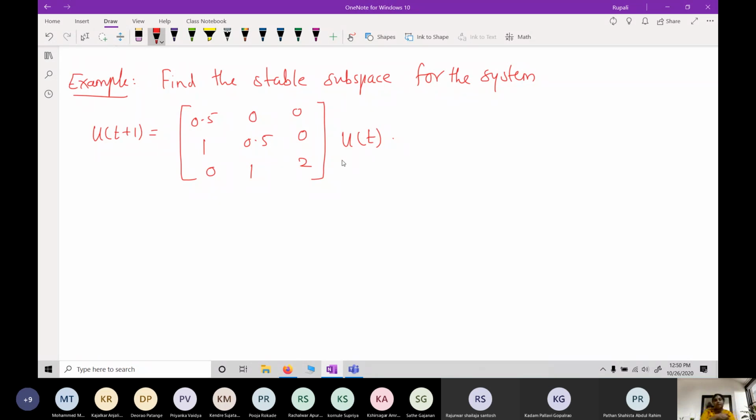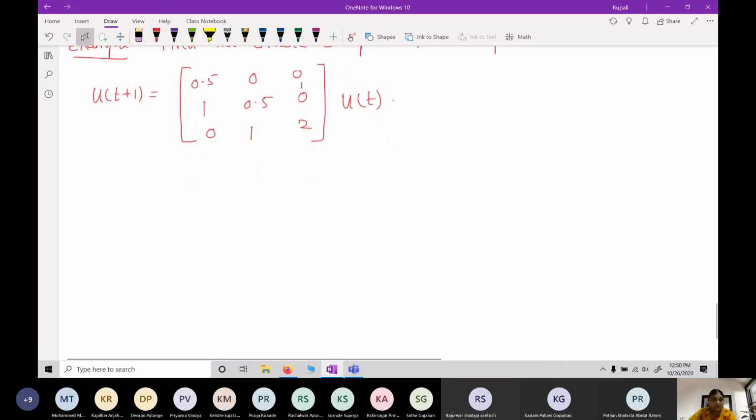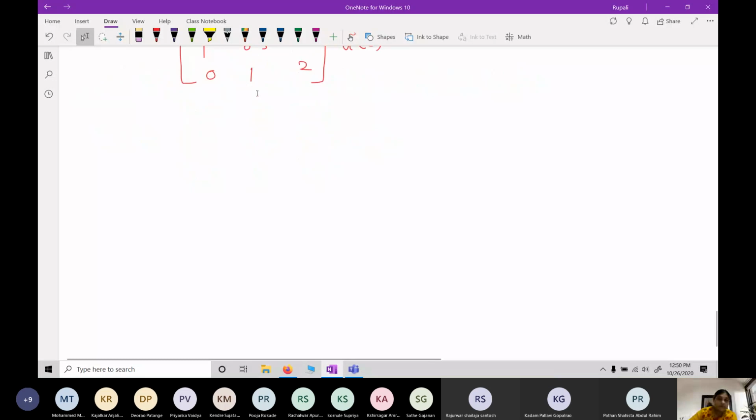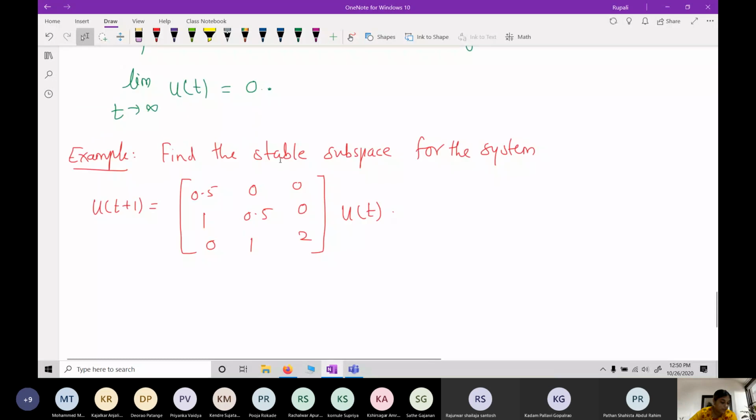We want to find the stable subspace for this system. So if I want to find the stable subspace, it means I want to find the eigenvalues and generalized eigenvectors corresponding to the eigenvalues for which the modulus of lambda i is strictly less than 1. Okay, so first of all we will find the eigenvalues.